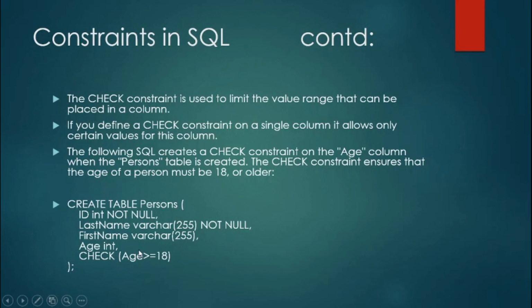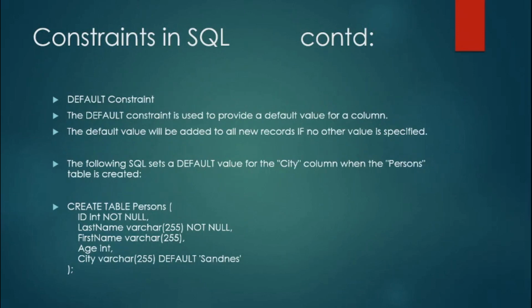Age is again optional, and here we are checking that age is greater than or equal to 18. So if you try to supply age that is less than 18, the SQL server will restrict you and it will give you an error and it will not let you enter any rows in the table.